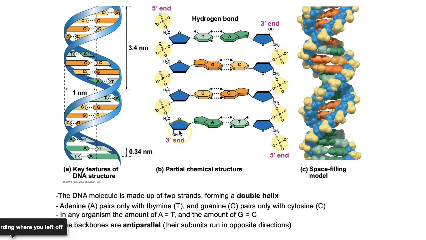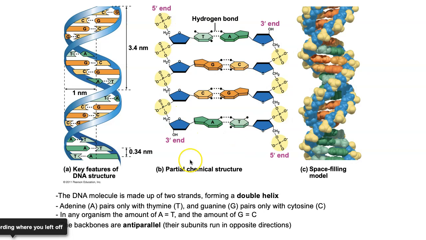Second thing is a pentose sugar. This is a carbohydrate right here. This is a monosaccharide. And it's a pentose because this is a 5-ring sugar right here. And this pentose, because this is DNA, the pentose is deoxyribose.